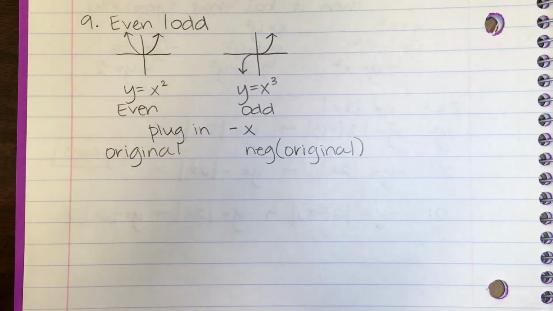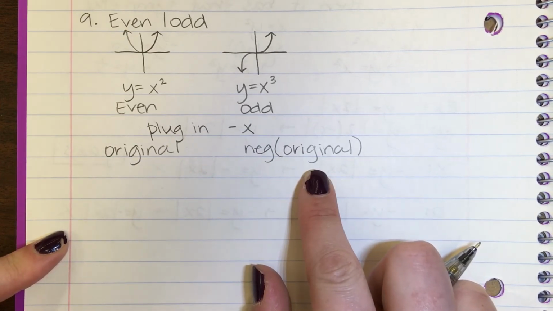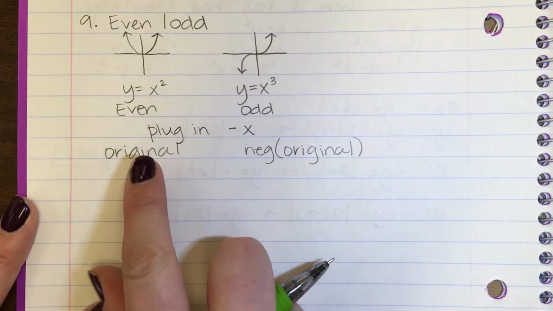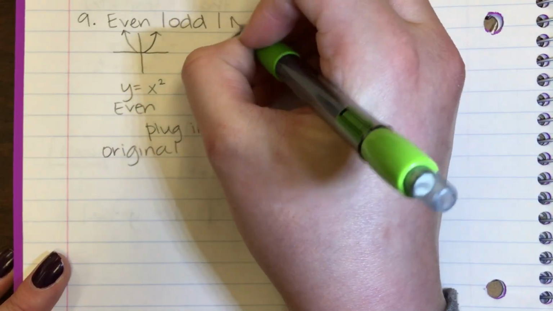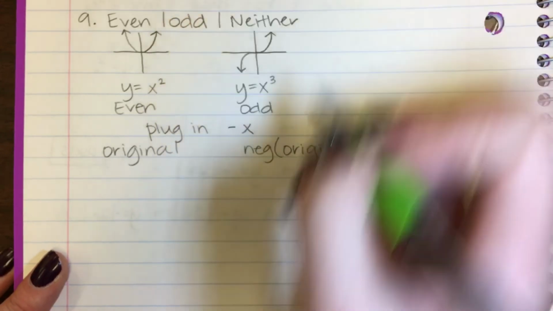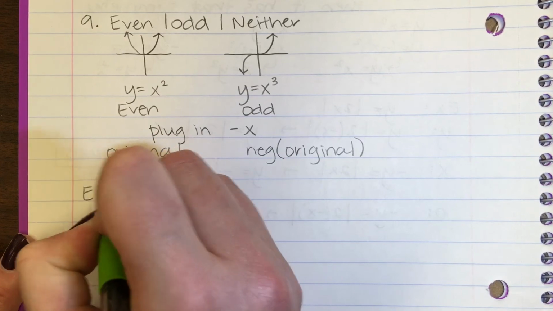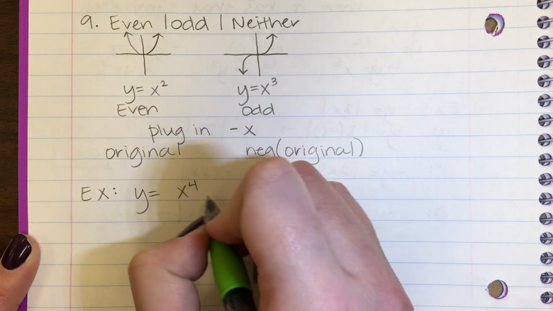Now it's possible for you to plug in the negative x and simplify it and not get the original as an answer, and not get the negative version of the original as an answer, and then your conclusion would be that it's neither even nor odd, it's probably a combination of the two, and so that's a possibility as well. Okay, so we'll check to see if it's even, odd, or neither. I guess you could add this to your notes. We're going to go ahead and do a couple examples just to make sure that it makes sense before you have to practice for your homework.